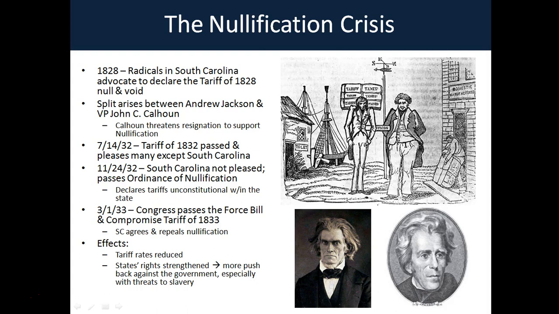He eventually would resign, but before he could do so, Jackson tried to pass a new tariff in 1832 to please those Southerners and try to end the crisis. It did help please a lot in the South and some businessmen in the Northeast, but South Carolina was the exception.